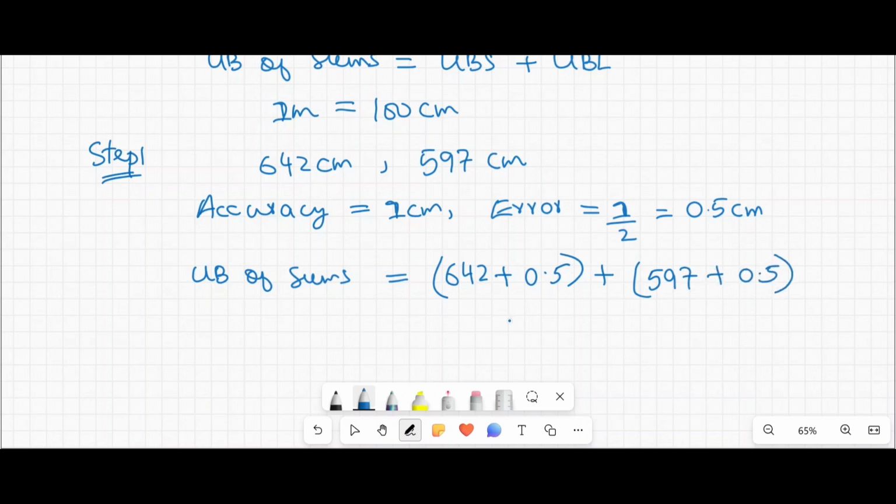We are finding the upper bounds because we are adding the error to the original term. So this is our original term, and this is the error term. So now this becomes 642.5, and next, this becomes 597.5.